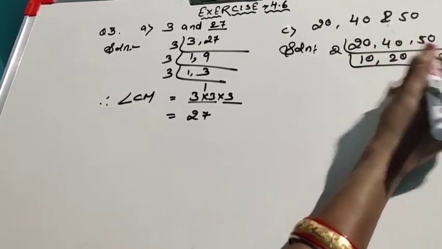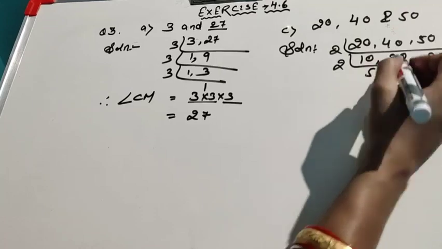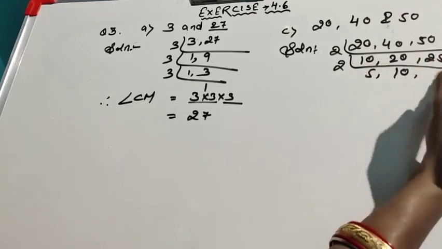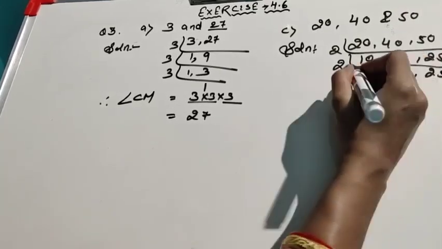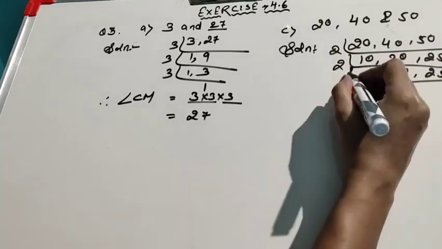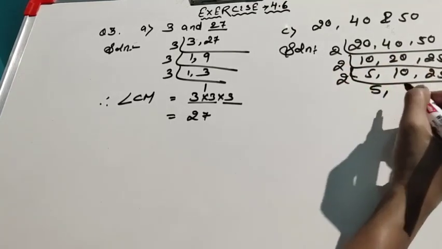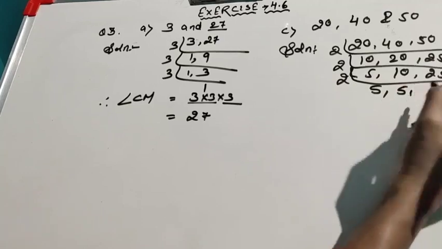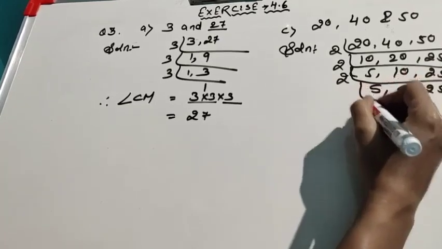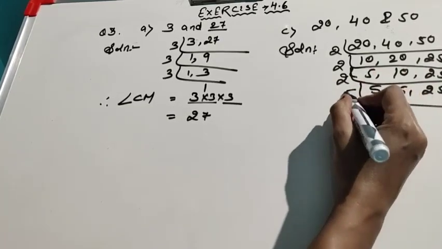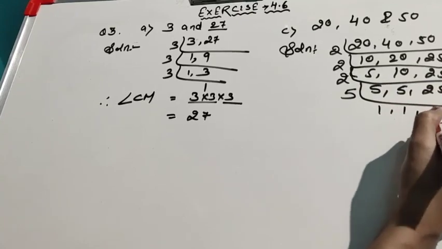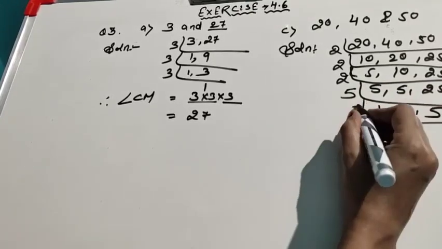Understood? Again we can go with the 2 table 5 times, 2 table 10 times, and 25 is not possible to divide by 2, so simply write it. Again we can go with the 2 table, 5 is not possible to divide, so 2 5s are 10, and 25 the same as well, we will write it here. Now we can go with the 5 table, 5 1s are 5, 5 1s are 5, 5 5s are 25. Again go with the 5 table.